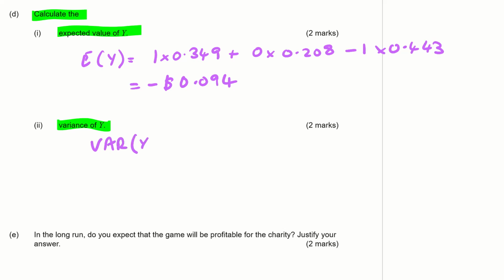We want the variance of Y, and I always like to use, I don't like what they've done in the mark scheme, I always do variance of Y is the expectation of Y squared, take away the expectation of Y, squared.